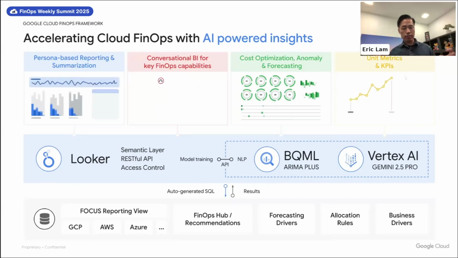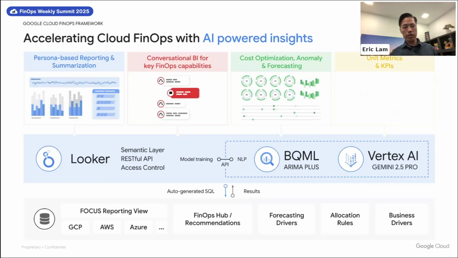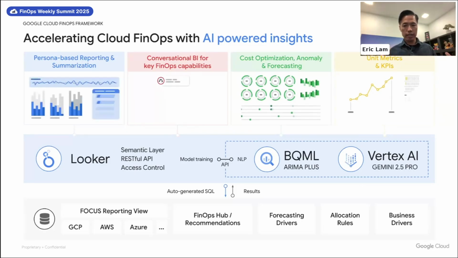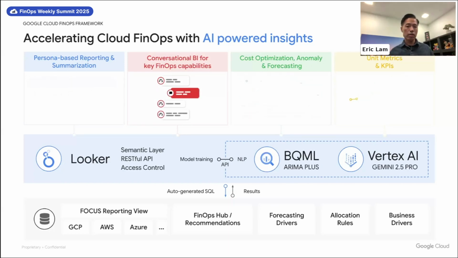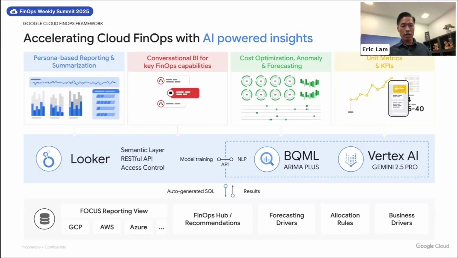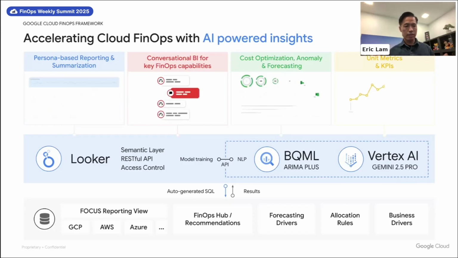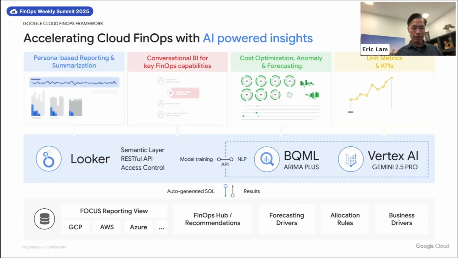And the beauty of this is because it's tightly integrated with Looker, right? Our Looker platform allows you to create that semantic layer. Because a lot of times when we think about multi-cloud, you need to have a common definition, right? What's the cost of X services? The interpretation of cloud cost varies, right?